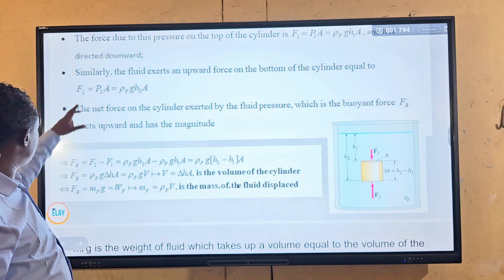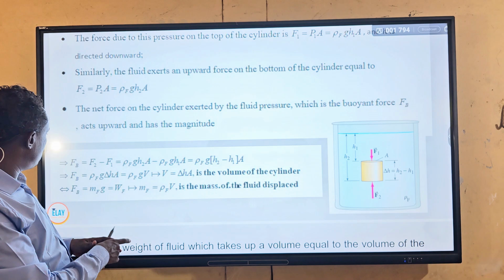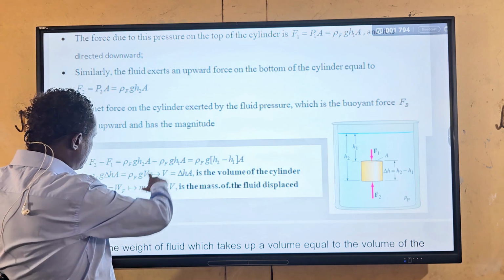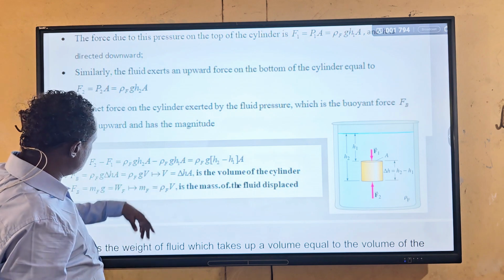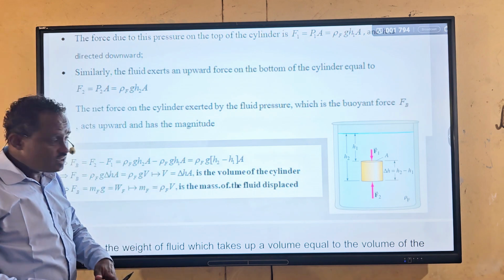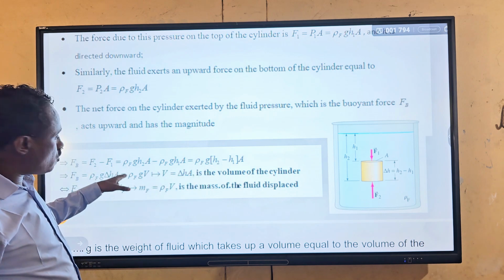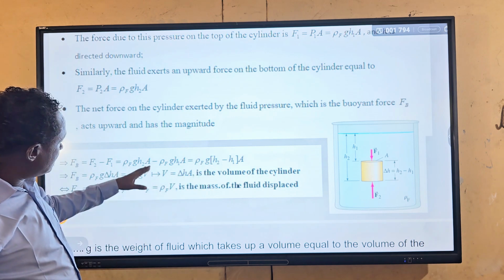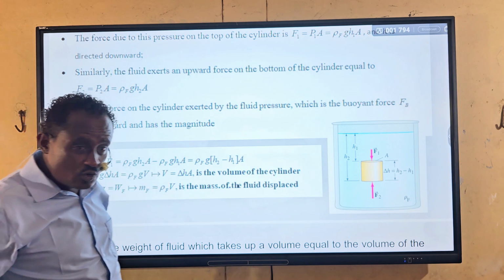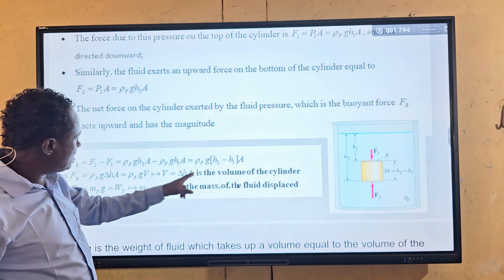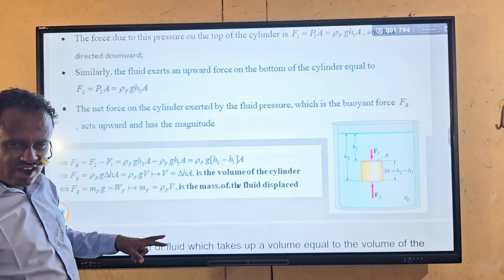Substituting the values of F2 and F1 that we discussed previously, we substitute the mathematical expressions for these quantities and factor out the constant terms. That means the density of the fluid and the gravitational acceleration are constant. Thereafter, what are the varying variables?